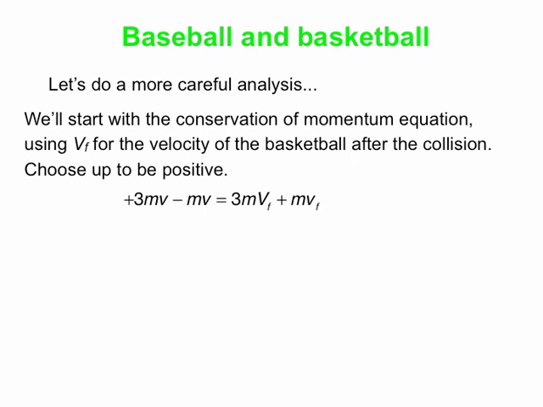Afterwards, basketball 3mVF, unknown, and baseball mvf. All the m's cancel from the equation, so you can reduce it to 2v equals 3VF, the basketball's final velocity, plus vf, the baseball's final velocity. Now we have one equation and two unknowns. You can't solve that, so you have to use something else.